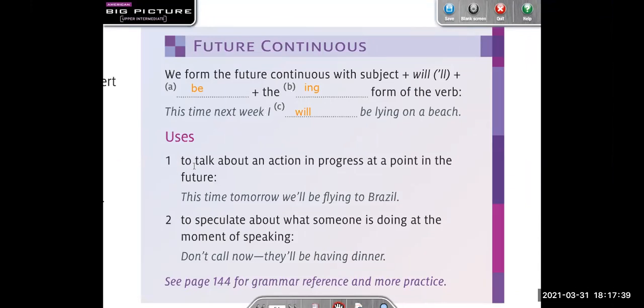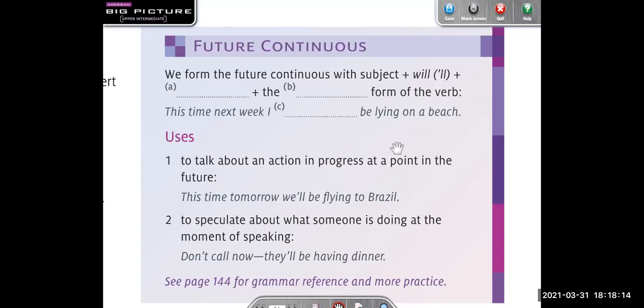Here we have the two uses: to talk about an action in progress at a point of time in the future. This time tomorrow, we will be flying into Brazil. And to speculate about what someone is doing at the moment of speaking. Don't call now, they will be having dinner. Entonces estamos especulando de lo que ellos pueden estar haciendo. Ellos deben estar cenando. Okay, so let's practice this with the exercise that you have here.